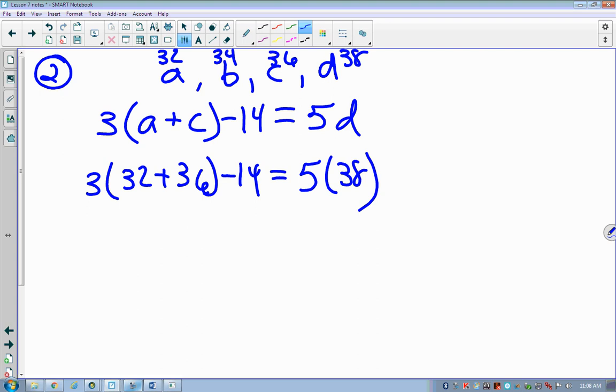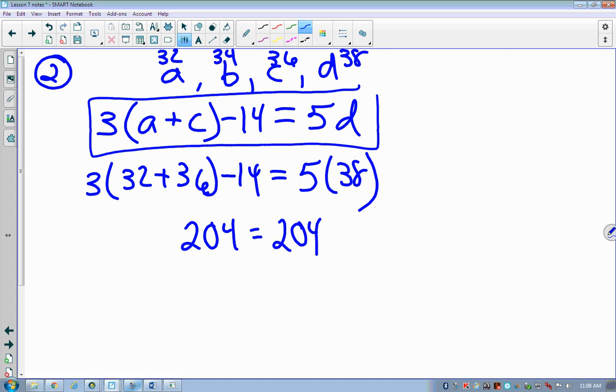You should find that those numbers come out to 204 and 204. But you see how I need to start with this and then follow the rules, and then it's guess and check.